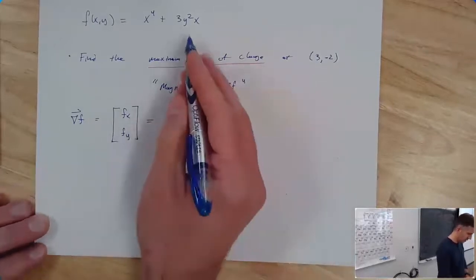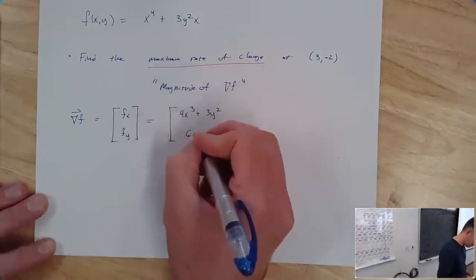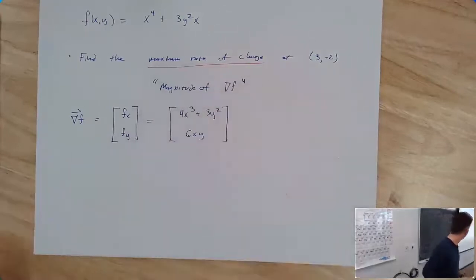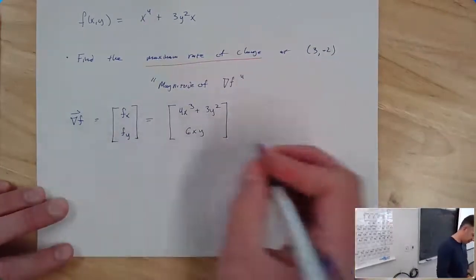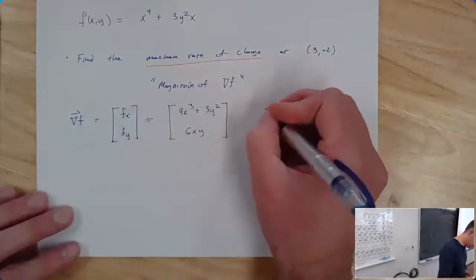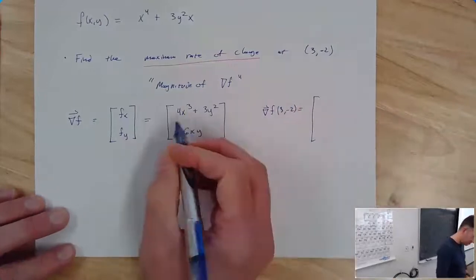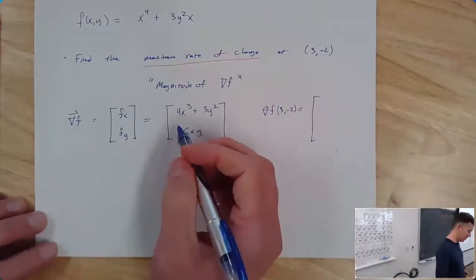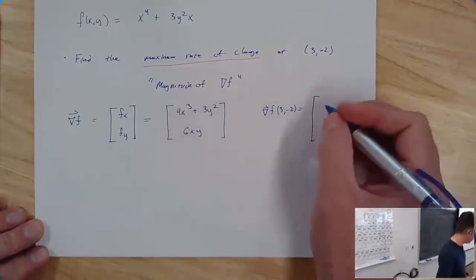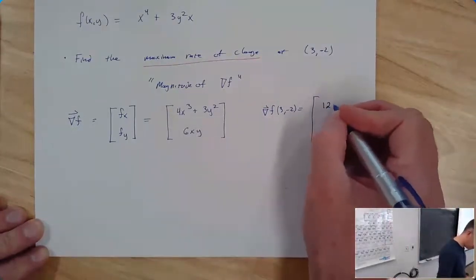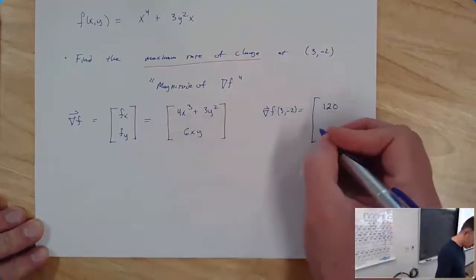The partial with respect to y is going to be 6yx or 6xy, either way you want to write it. Then we have to plug in the point. Probably could have picked a nicer point. So at the point 3, -2, our gradient is 4 times 3 cubed, which is 4 times 27, which is 108. And 3 times 4 is 12, so we get 120. Then 6 times 3 times -2 is 18 times -2, which is -36.